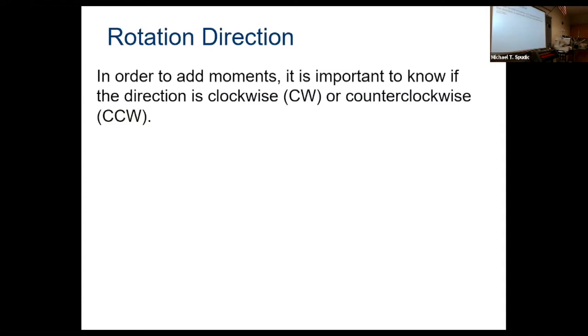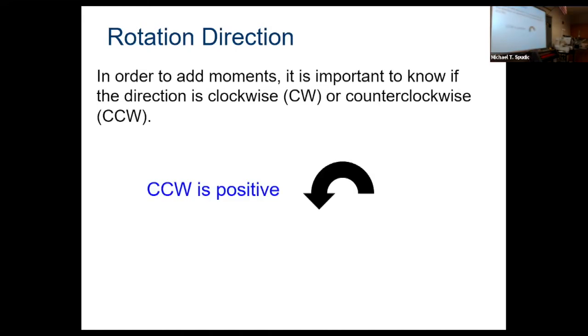Now, when you have something rotating, you want to think about how things rotate on the paper. When you look at your paper and see the way it rotates, I want you to put a thumb on it and curl your fingers the way it's turning. So you either have clockwise or counterclockwise.